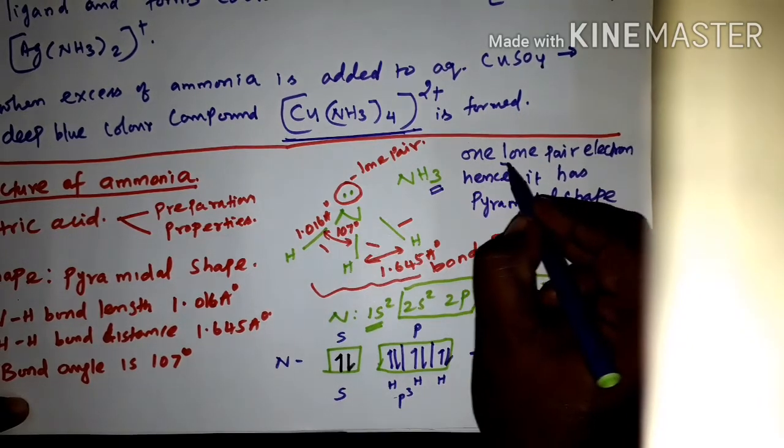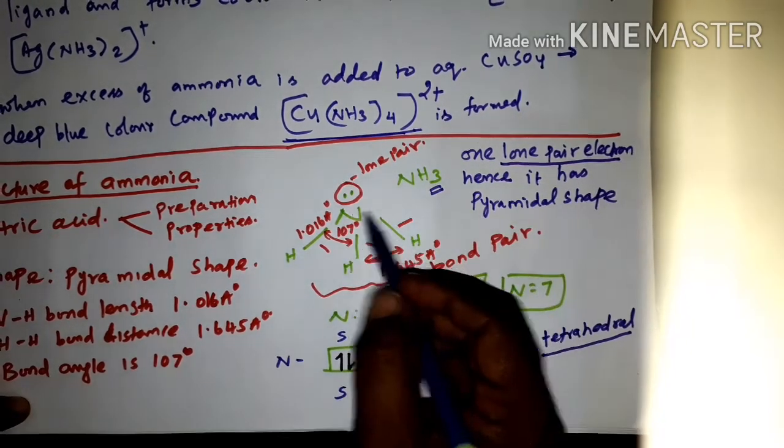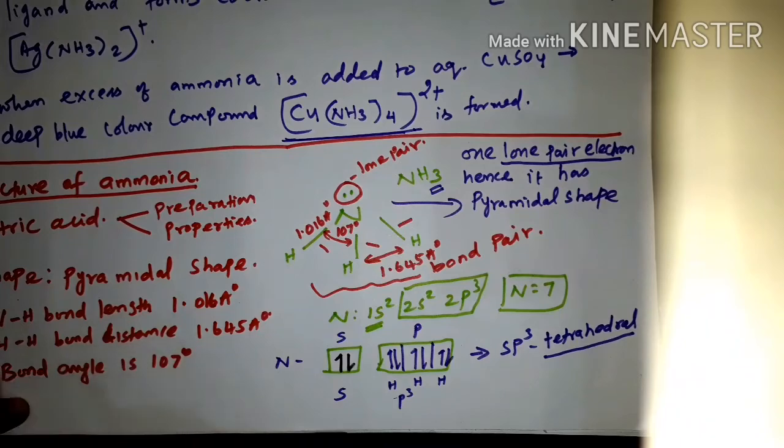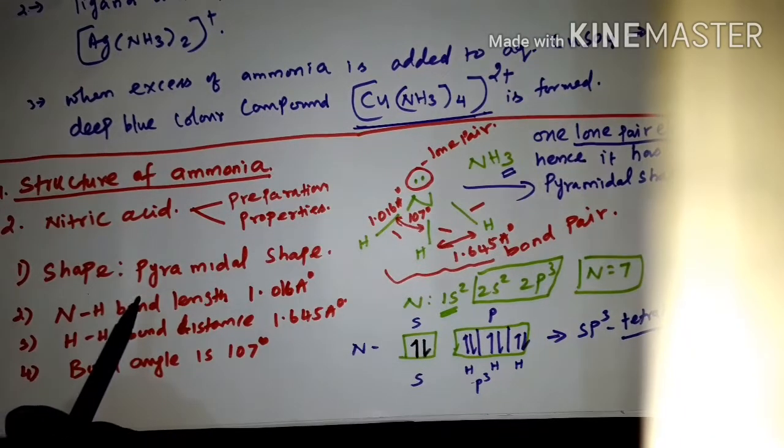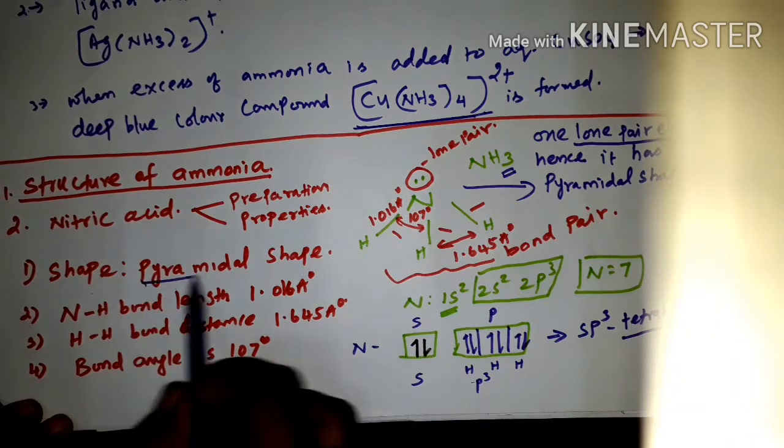So due to the presence of this lone pair electron, ammonia has pyramidal shape. Okay. So the shape of ammonia is pyramidal shape.